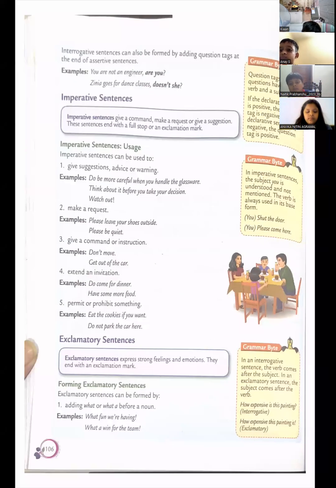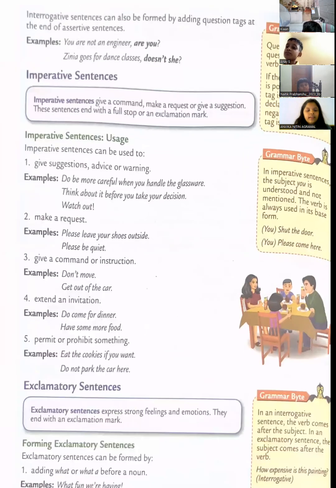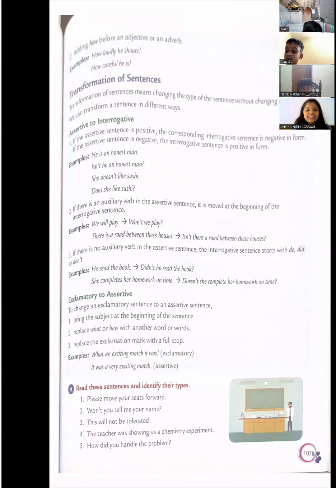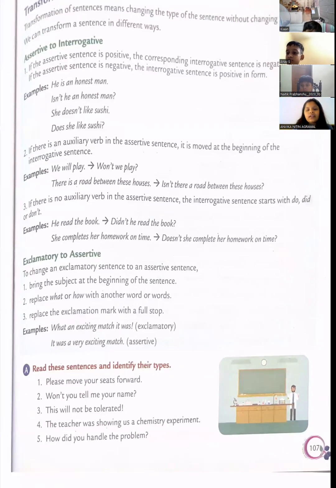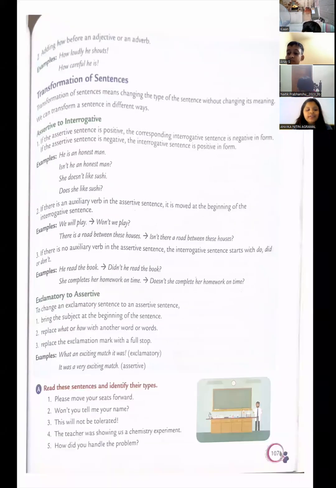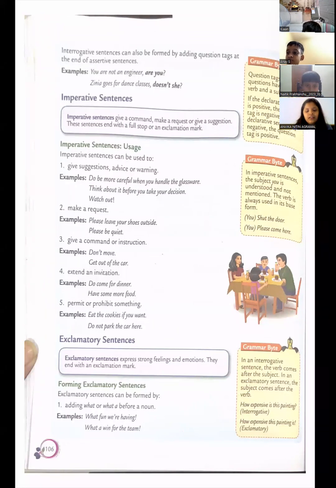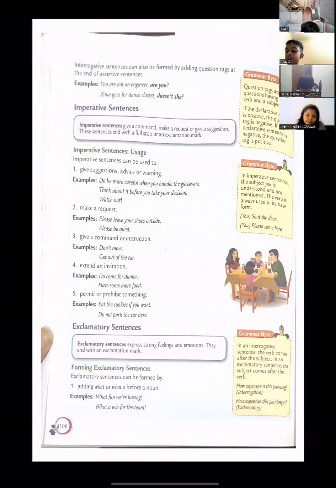Tell me. Ma'am, I guess you are right because we are not ordering somebody to do something. We're just telling him this, expressing a strong emotion. So when you express a strong emotion, it becomes an exclamatory sentence.